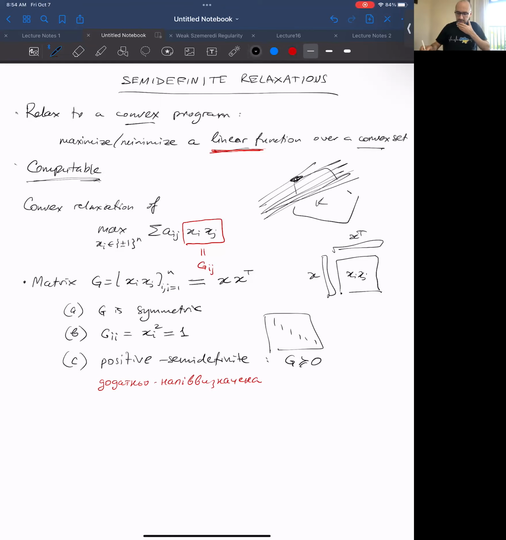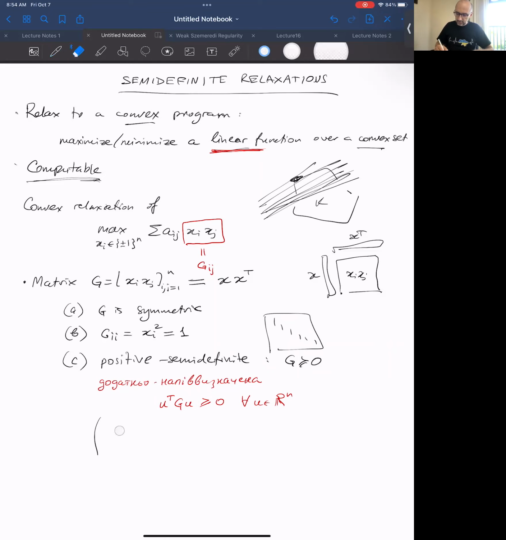So G is a positive semi-definite matrix, which means, by definition, and we'll remind you, that any quadratic form like this is non-negative for any U. This is easy to see for this specific matrix.